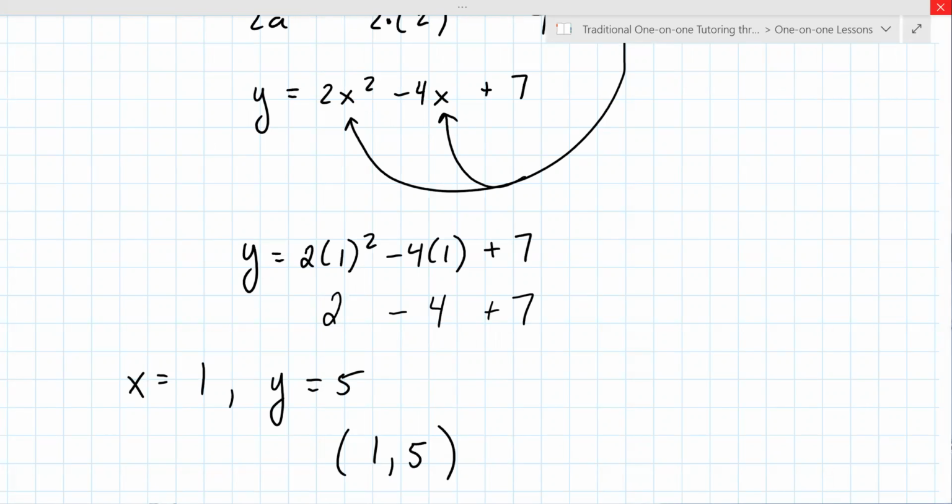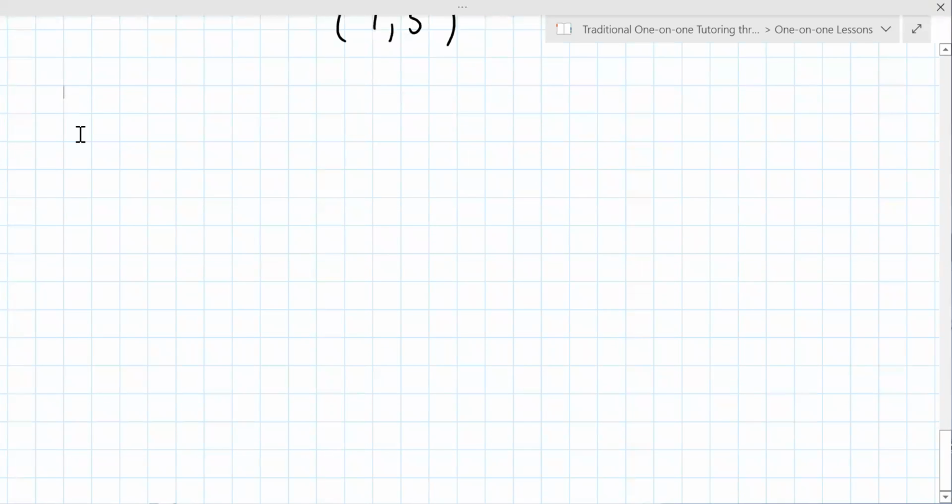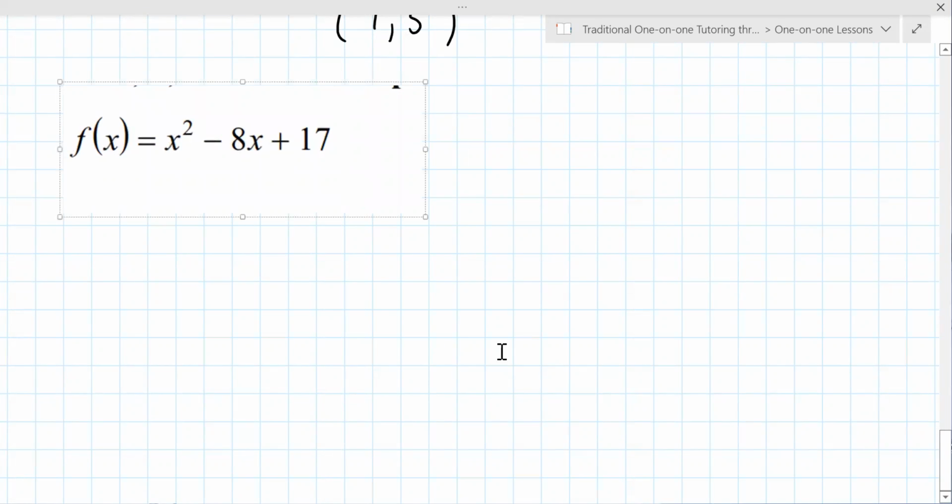Okay, new question for us to look at. We'll snip a new one in here and work on it together. When there's nothing in front of the x squared, what number is assumed to be in front of the x squared?